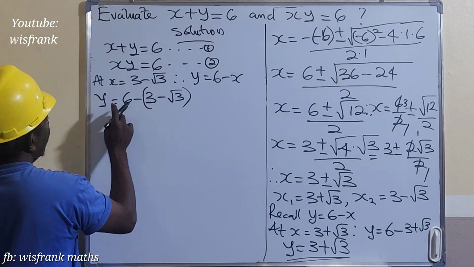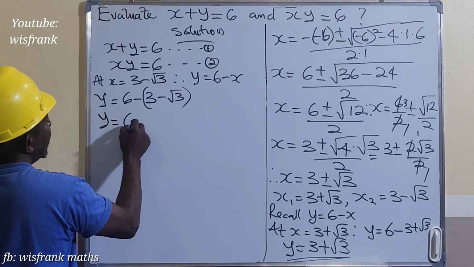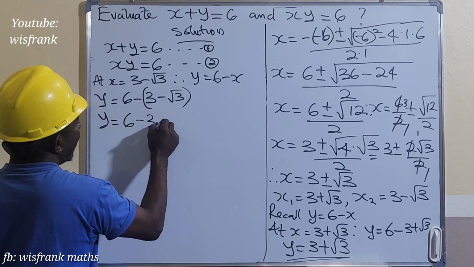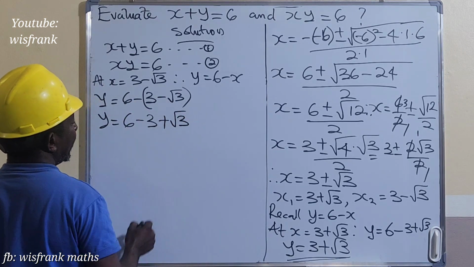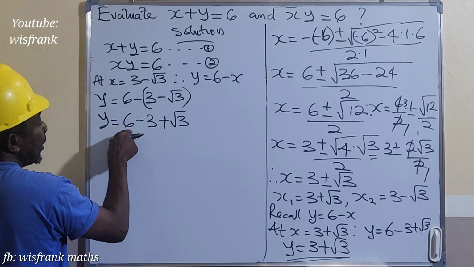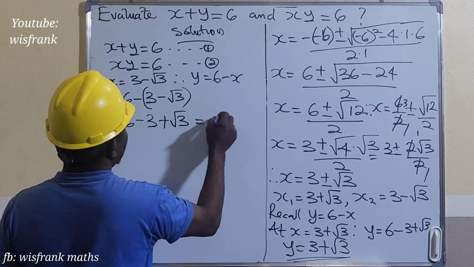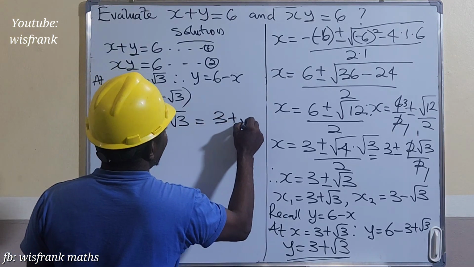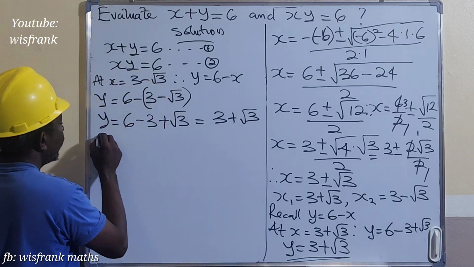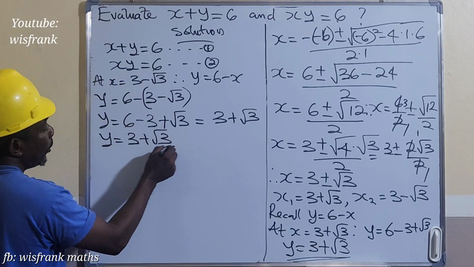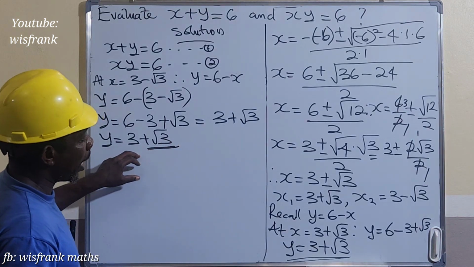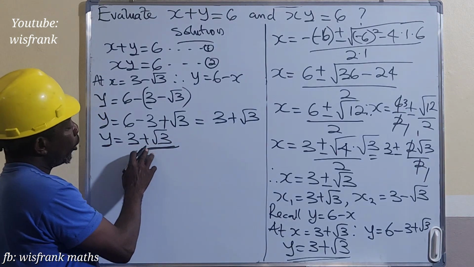So this will become y equals 6 minus 3 plus, because minus times minus will give us plus root 3. So in this case, 6 minus 3 will give us 3 plus root 3. So the value of y equals 3 plus root 3. This is the second value of y.